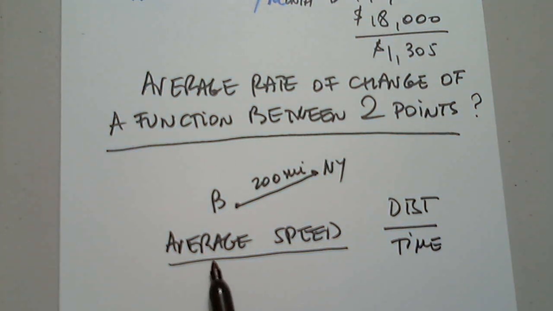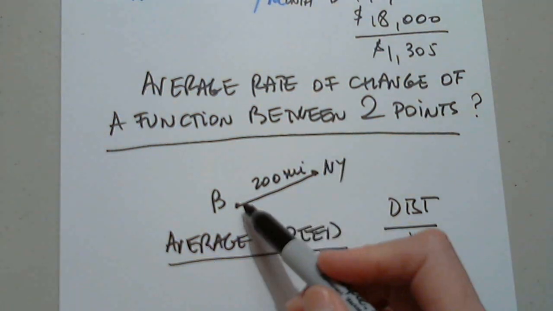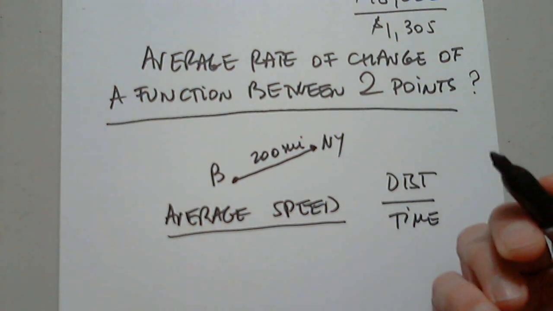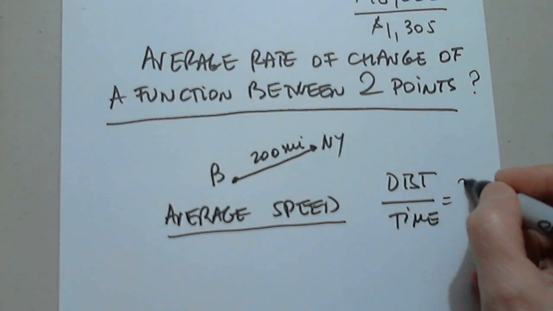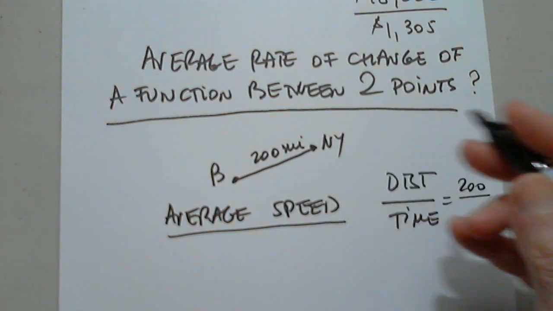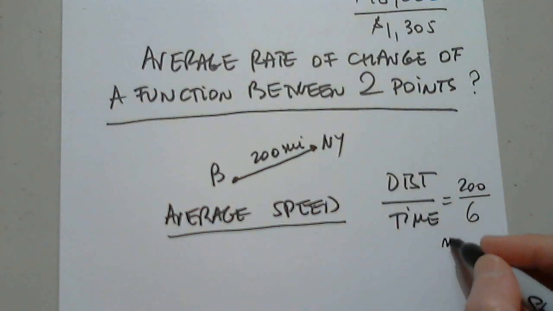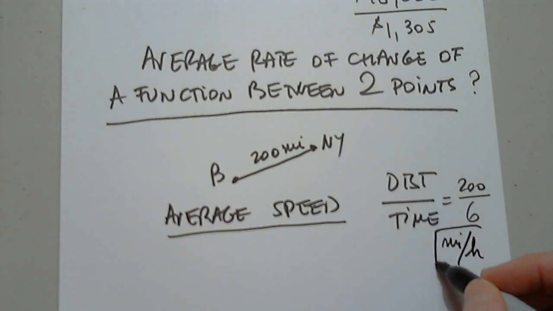That's the average speed. What was your average speed between Baltimore and New York? I'm going to say the distance was 200. It took me 6 hours. And that was my average rate of change of distance with respect to time. That was my average speed, and it has to be in miles per hour, always with a measurement unit.